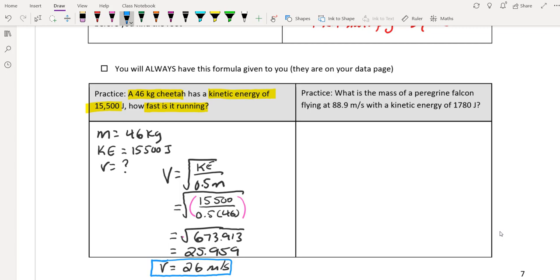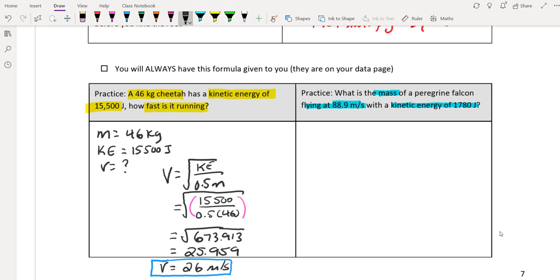Moving on to the next question. It's asking us, what is the mass of a falcon flying at 88.9 meters per second with a kinetic energy of 1,780 joules?